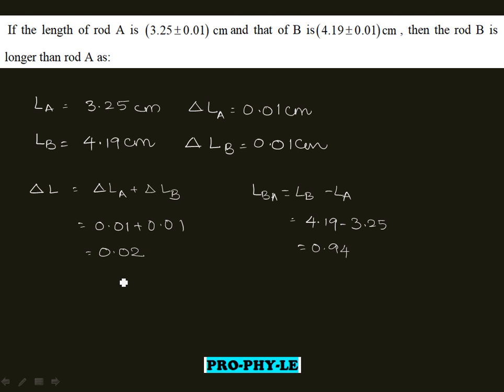So this is the difference of two numbers. Though we have the difference of two numbers, their absolute errors we have to add, so the final result will be 0.94 plus or minus 0.02 centimeters. So that will be our answer.